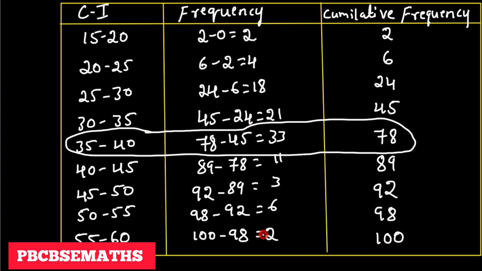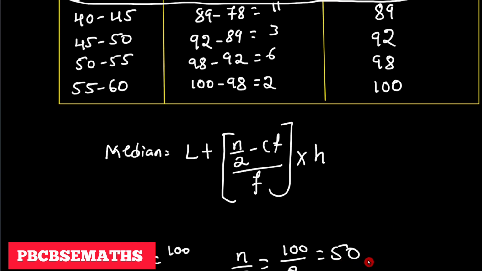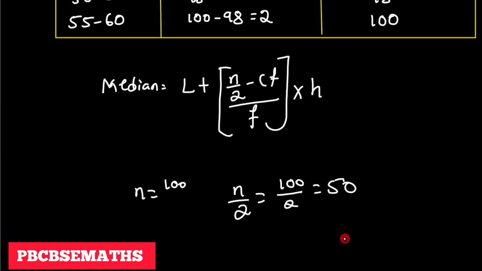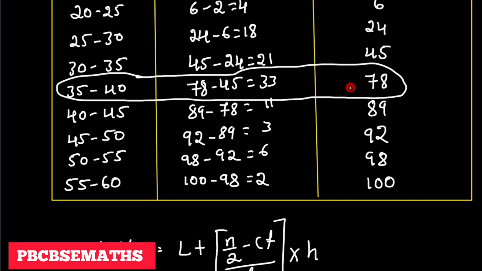Now let's write one by one all values. So first of all, the L value. L is equal to the lower limit of the median class, which is going to be 35. n by 2 we already got as 50. Then cumulative frequency means CF of the previous class interval.